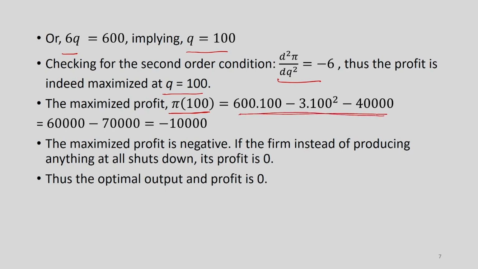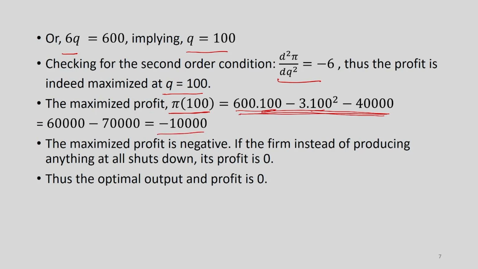600 multiplied by 100, 100 is the output level, minus 3 multiplied by q square, that is 100 square, minus 40,000. I just simplify this, and it comes out to be minus 10,000.